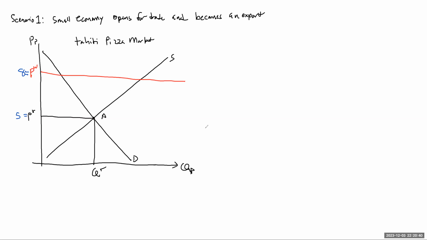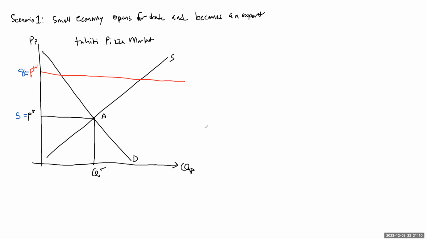So what's going to happen is Tahiti producers are going to export all their pizza to around the world. Tahiti's Domino's, Tahiti's Pizza Hut, they're just going to sell pizza in Singapore, US, and Mexico. They're not going to sell pizza at home for $5. They're going to sell it outside. They're going to export all their pizza.